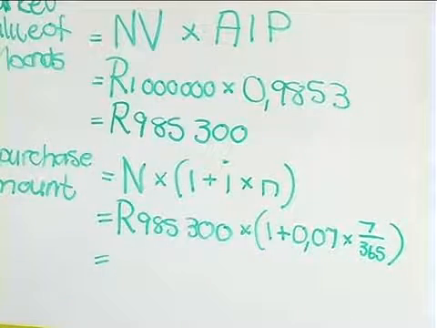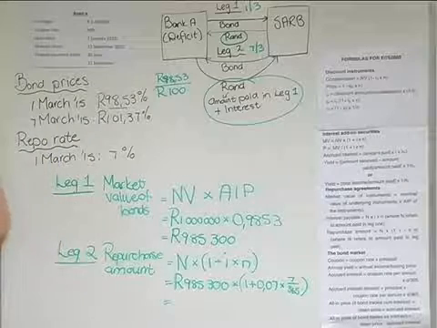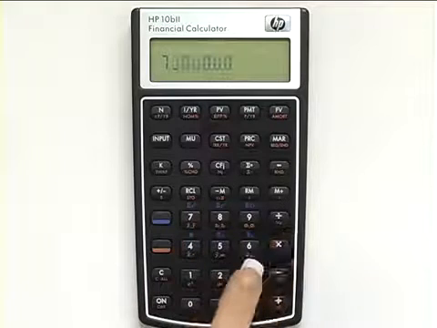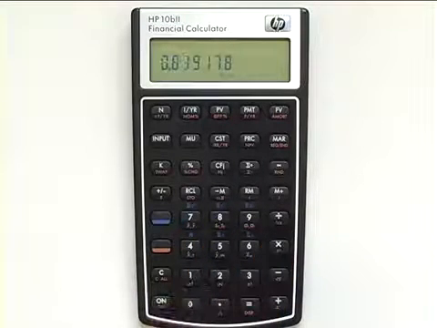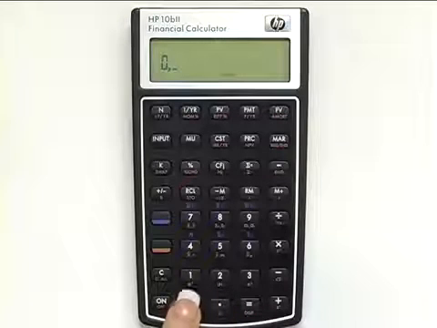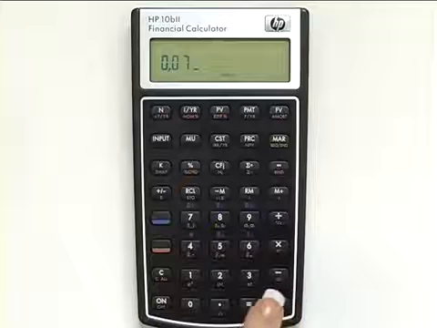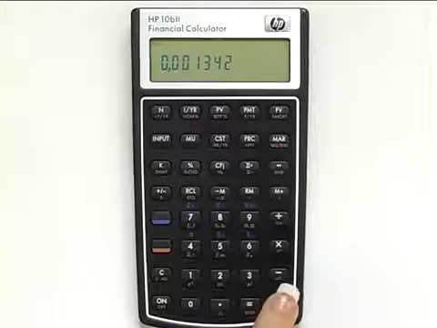If we do that calculation, starting from the back, 7 divided by 365 times 0.07 equals 0.001342.